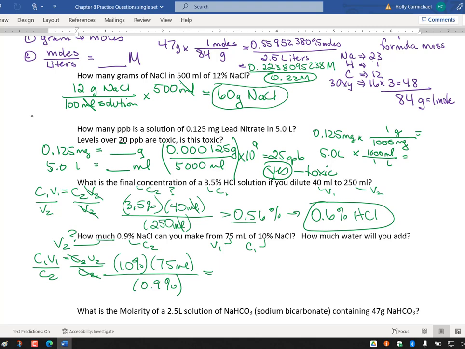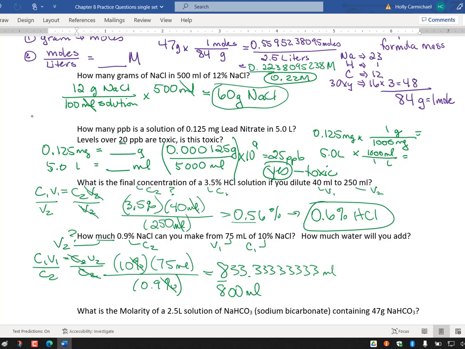If I take 10% times 75, that's 750, and then divide it by 0.9%, it comes out being 833.3333333 milliliters, right? Because percent and percent cancel, so it leaves me in milliliters. Looking back, 0.9% has one significant figure, 75 mils two significant figures, 10% one significant figure. So the 8 would become 800.